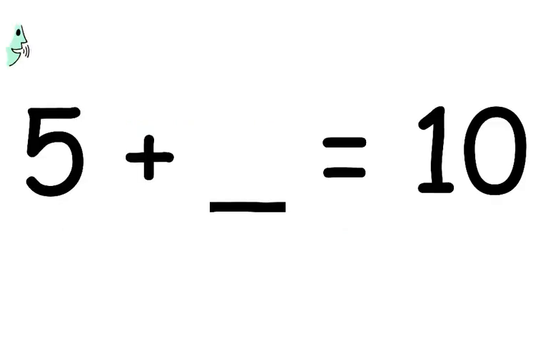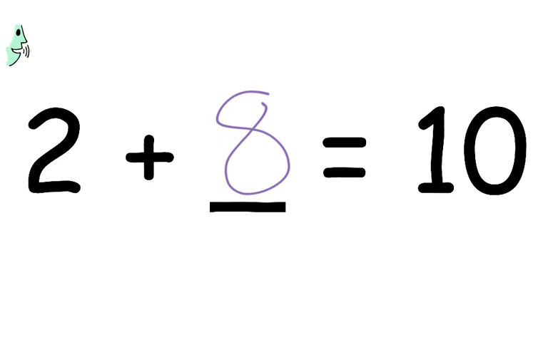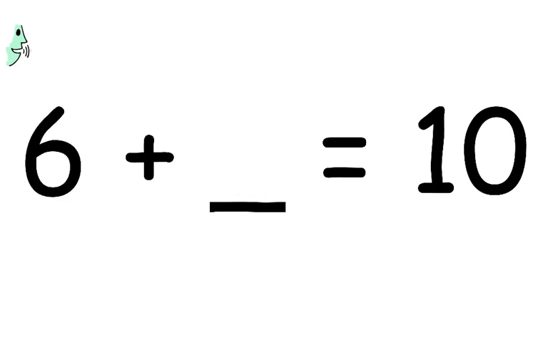Alright, now we have to fill in the missing part to make it equal 10. 5 plus something equals 10. 5 plus 5. 2 plus blank equals 10. 2 plus 8. 6 plus blank equals 10. 6 plus 4. 9 plus blank equals 10. 1.